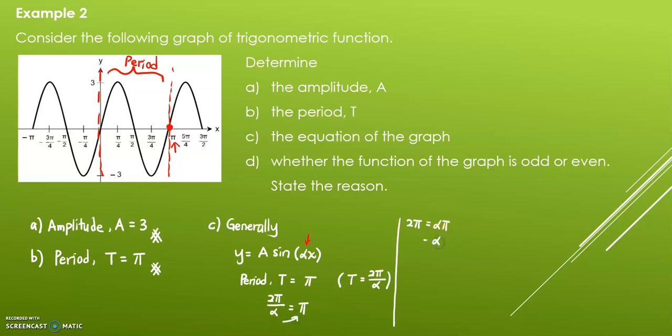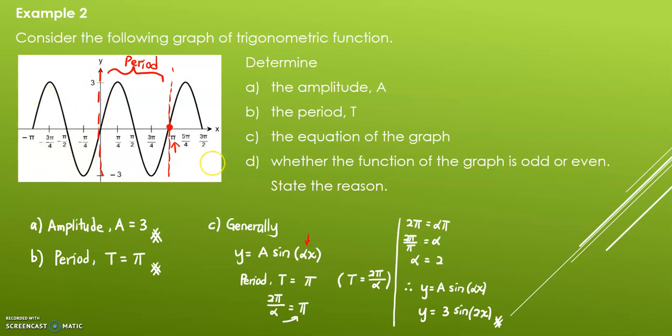So alpha is equal to 2 pi over pi, or alpha is equal to 2. Therefore, the equation of the graph is y is equal to a sine alpha x, where the amplitude a is 3 and alpha is 2. So y is equal to 3 sine 2x. This is the equation of the graph.